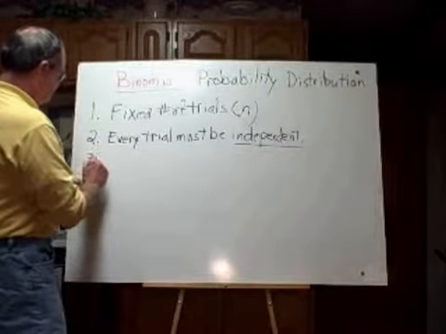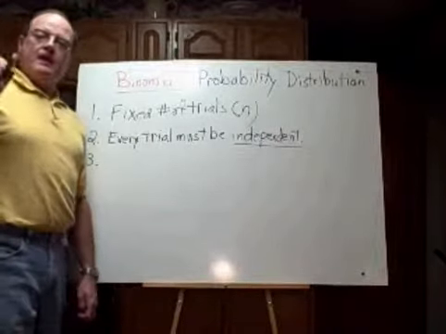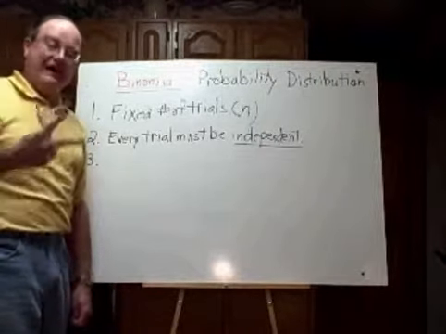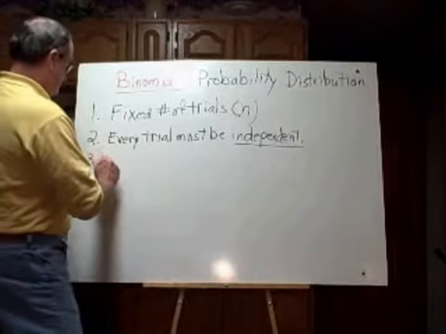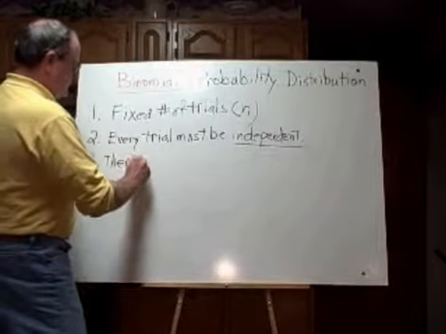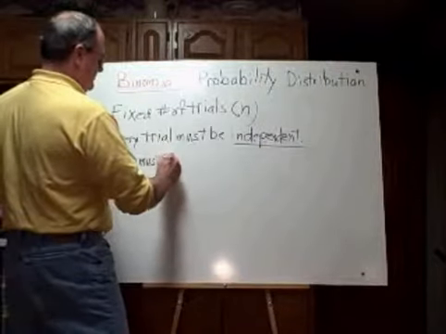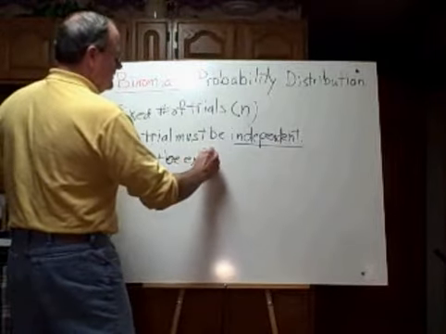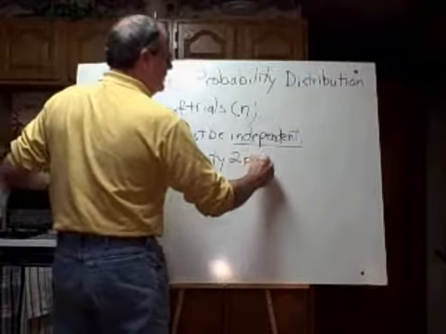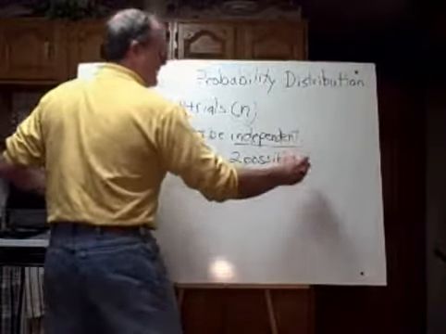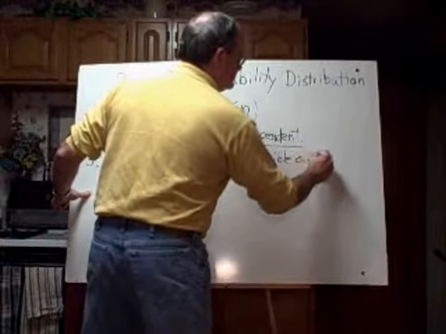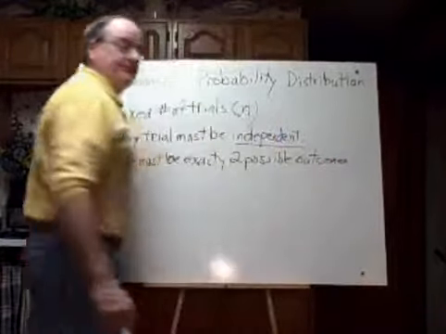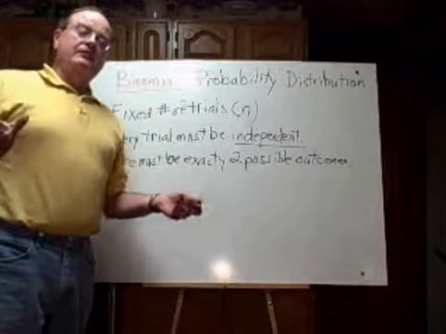Number 3, this is the biggie. There must be exactly 2 different possible outcomes for each trial. Now, we give these outcomes names.